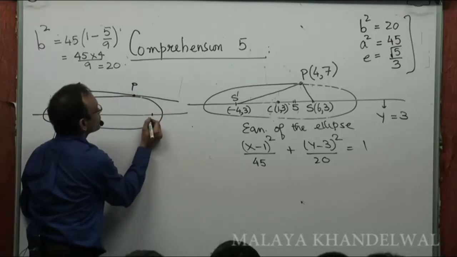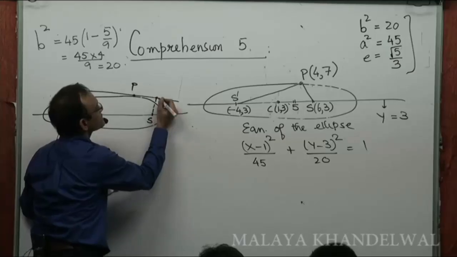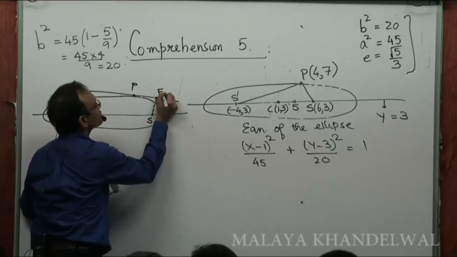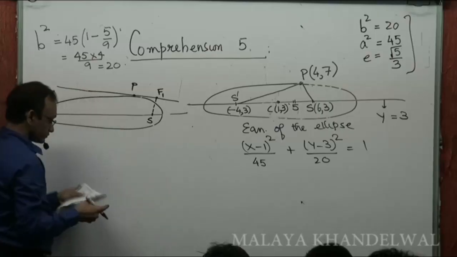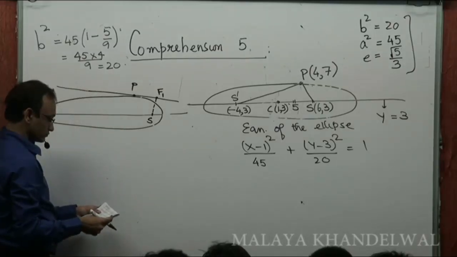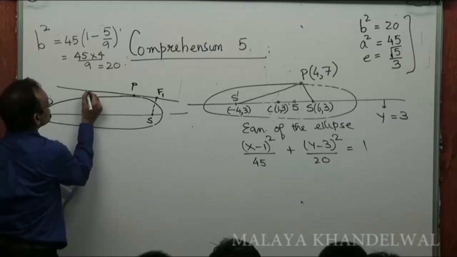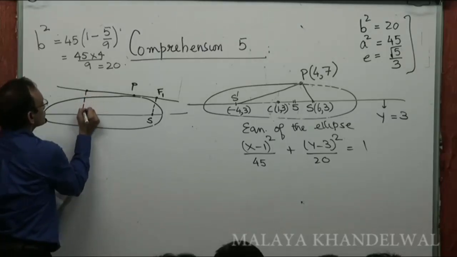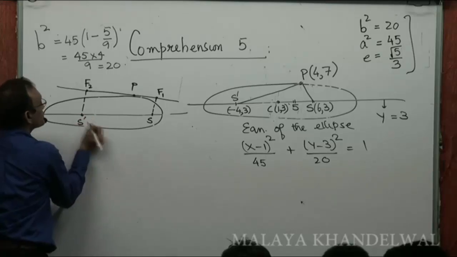And say this is one focus S, and the foot of the perpendicular is this. Say F1 is the foot of the perpendicular. F2, the foot of the other perpendicular from the focus S prime is this.